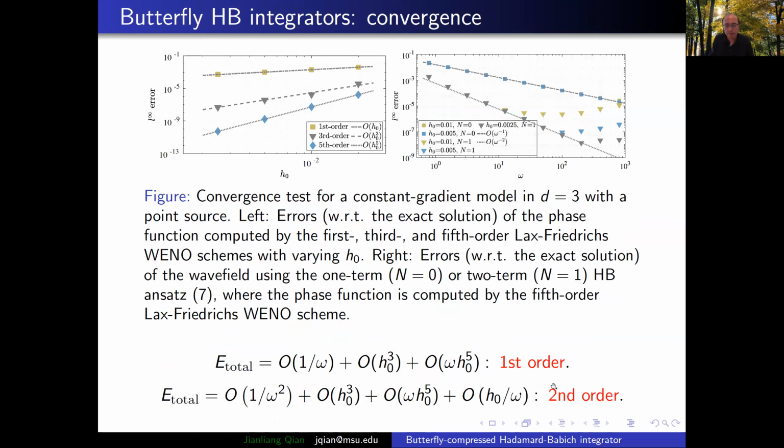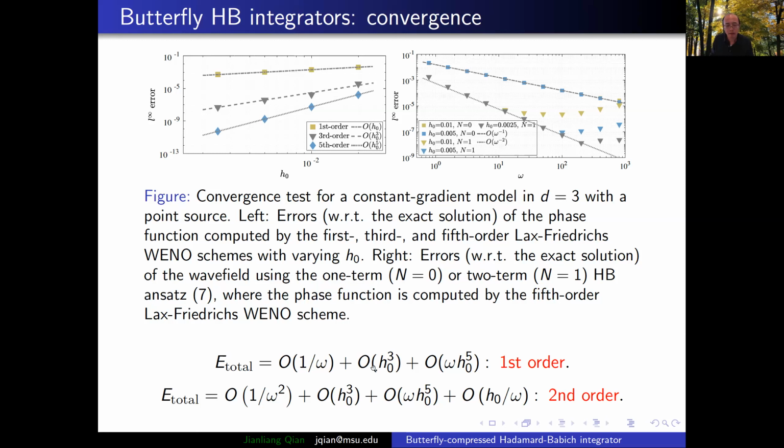And then for wave fields, we have first order convergence and second order convergence, in the top right figure. The first line corresponds to first order convergence, which is essentially expected. The second line corresponds to second order convergence. These terms compete with each other.